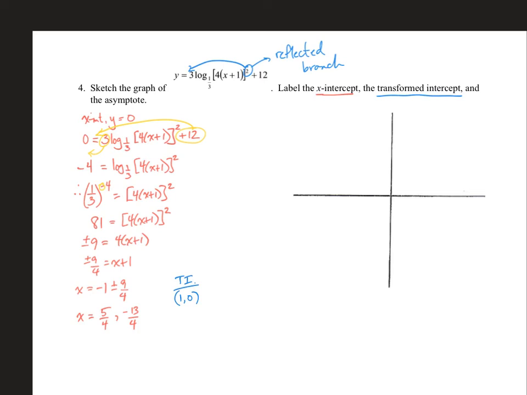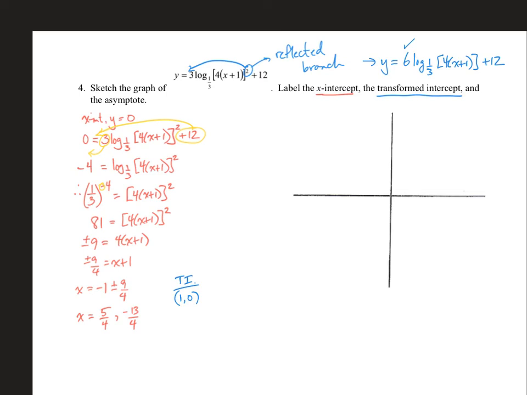Well, what are all my transformations? With that 2 out in front, I'm actually dealing with this graph to be able to determine its shape. And so I can see that I'm going to have a vertical stretch by a factor of 6.